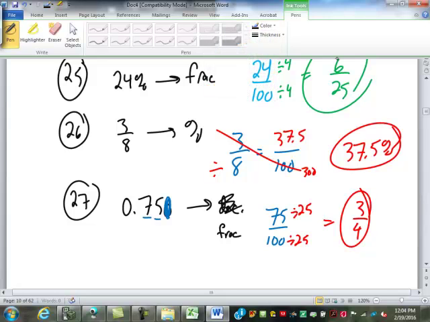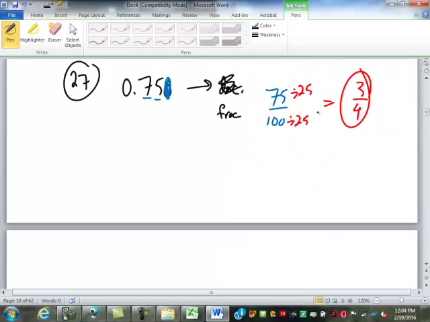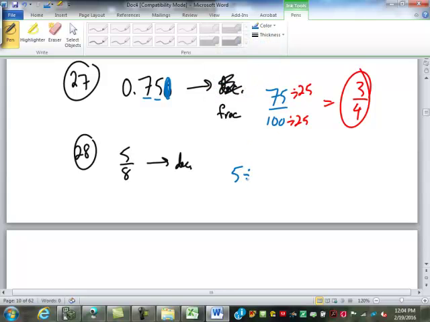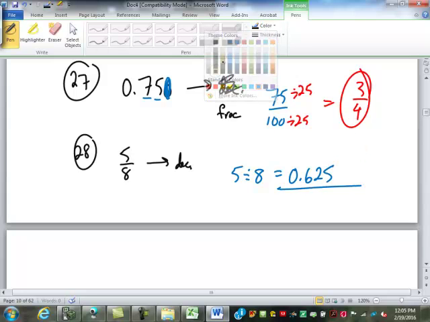Maybe one person. I mean, most people just recognize 0.75 as 3/4. And number 28, final conversion here. Convert 5/8 to a decimal. So you're just taking 5 divided by 8, which is 0.625. Any questions on those? Good.